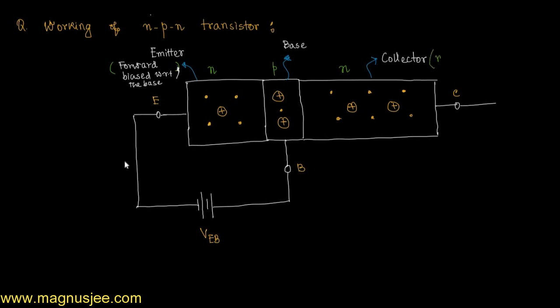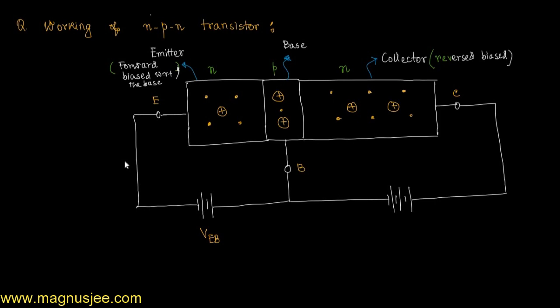And on the right hand side, the collector will be reverse biased. In this case the N-type collector C will be connected to the positive electrode of the external battery VCB.